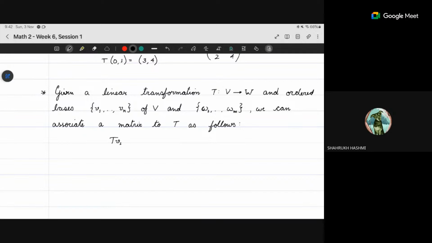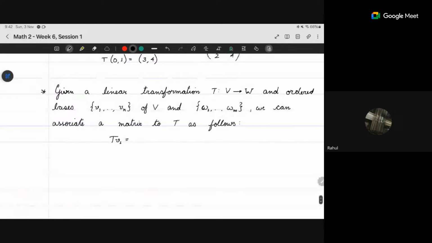So you look at the image of the first basis vector, V1. Now that is a vector; where is T V1? What set does T V1 belong to? V1 belongs to V. T of V1 belongs to W, right?